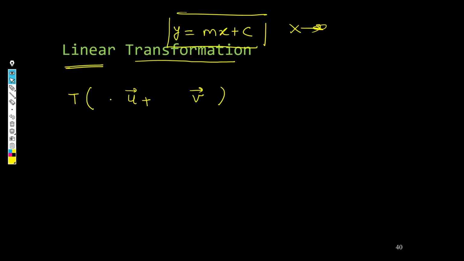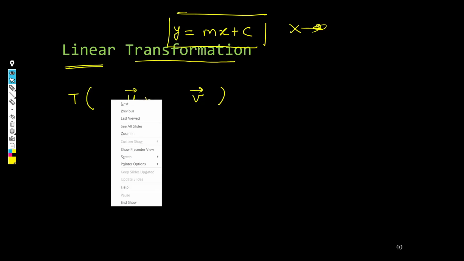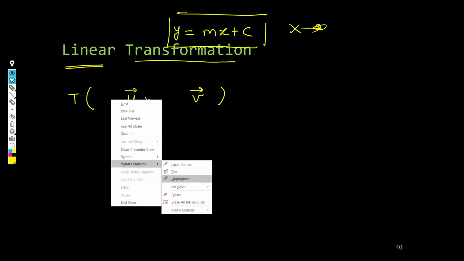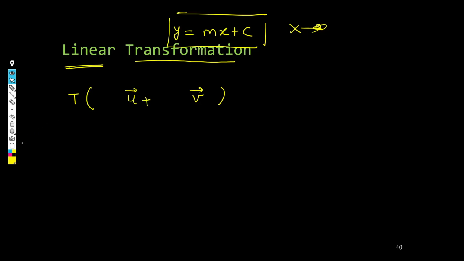And what do I mean when I say linear combination of vectors? We have talked about linear combination of vectors earlier when we discussed scalar vector multiplication and vector addition. So if I have these scalars a and b, I do scalar multiplication and then I add, this becomes the linear combination of vectors, this term right here, right?